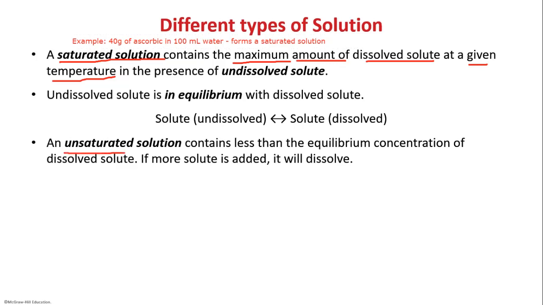When you put less than the maximum amount, it's an unsaturated solution. When you put just the right amount, it's a saturated solution. In a saturated solution, the amount of undissolved and dissolved is in balance. That's the maximum amount of solid you can put in 100 milliliters of water. If you put less than that, it's unsaturated.